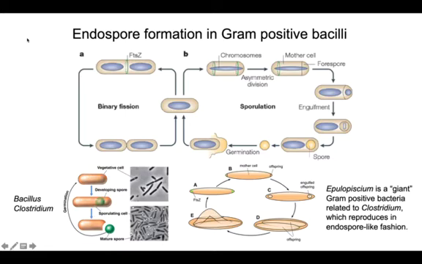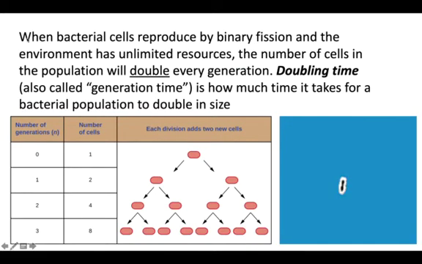And at some point the mother dies, and then the new bacterial cells will leave the mother cell. But anyhow, it is kind of like an endospore-like fashion in that the new offspring are either at one pole or the other pole of the bacterial cell, which is similar to endospore formation in your Bacillus and Clostridium. Aren't bacteria great? They can do so many things.